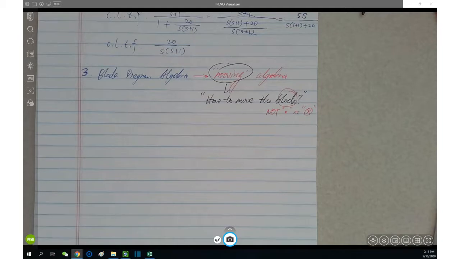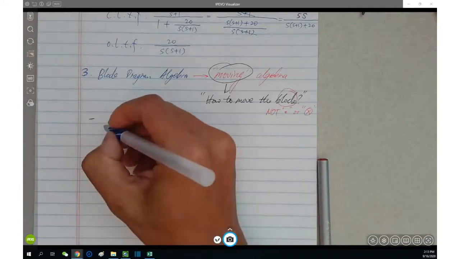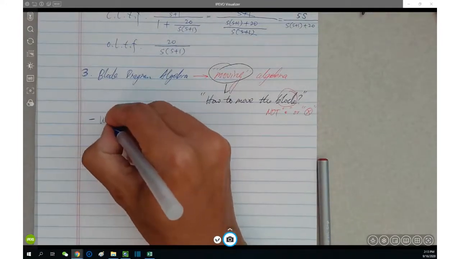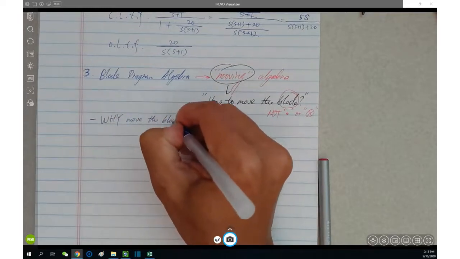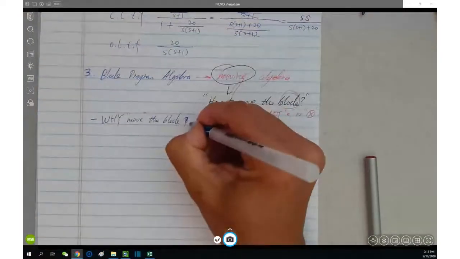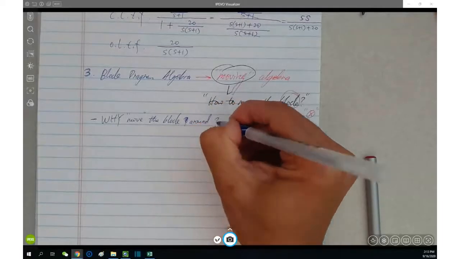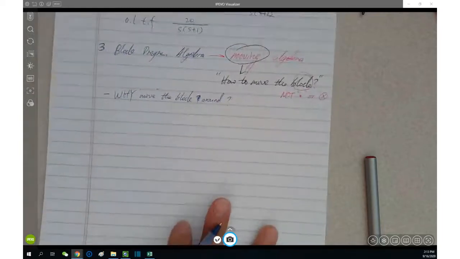Move the block around for what? Anyone can imagine? Any guess?